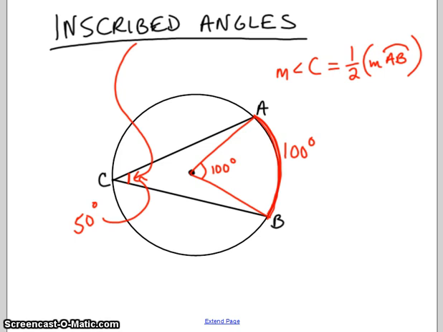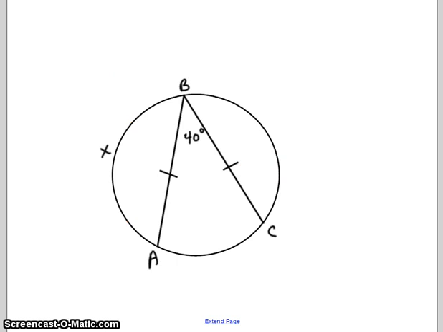So let's look at some examples that involve inscribed angles. The first one, we have the measure of angle B is 40 degrees, and we have to solve for x. In this problem we have two arcs in our circle that are congruent.